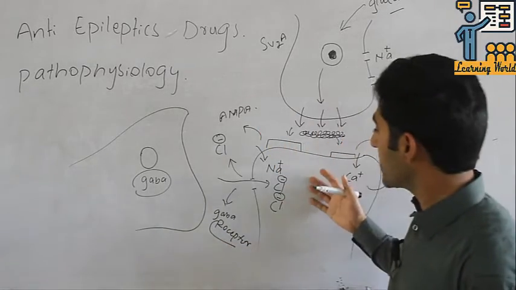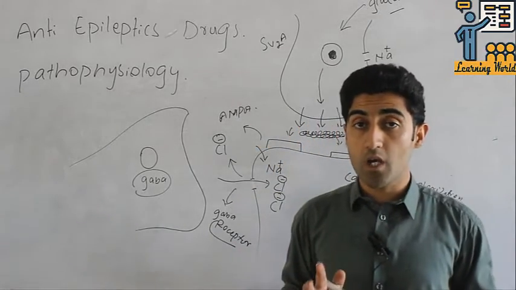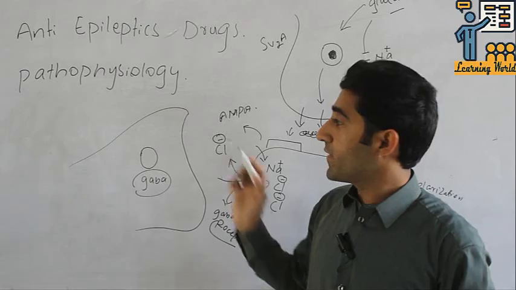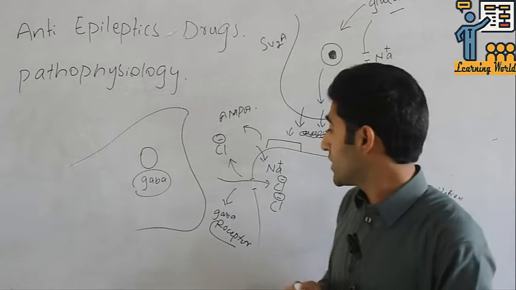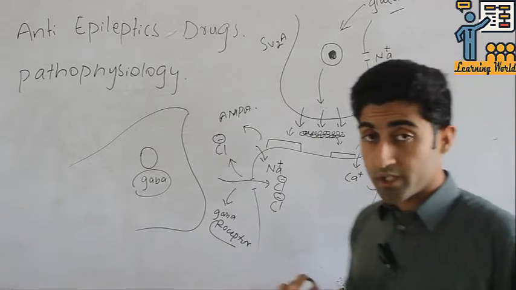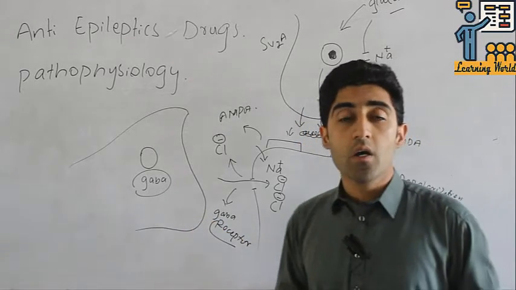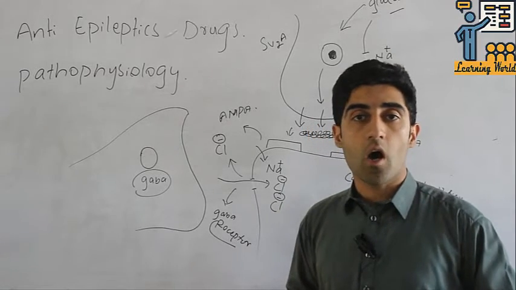So here depolarization and hyperpolarization occur. This is the normal phenomenon, the physiology of epilepsy. The neurotransmitter glutamate causes contraction, and GABA creates hyperpolarization or relaxation.